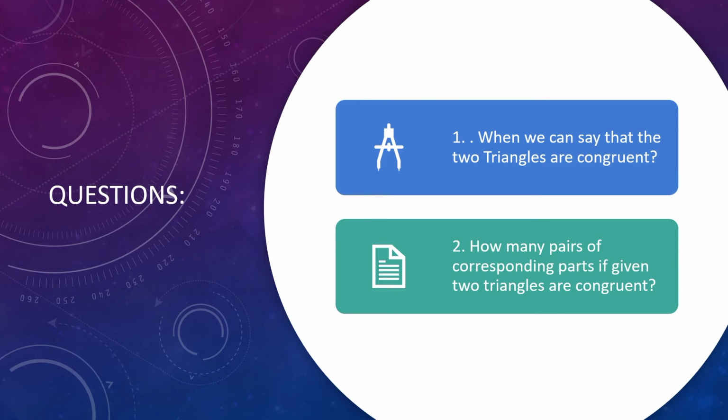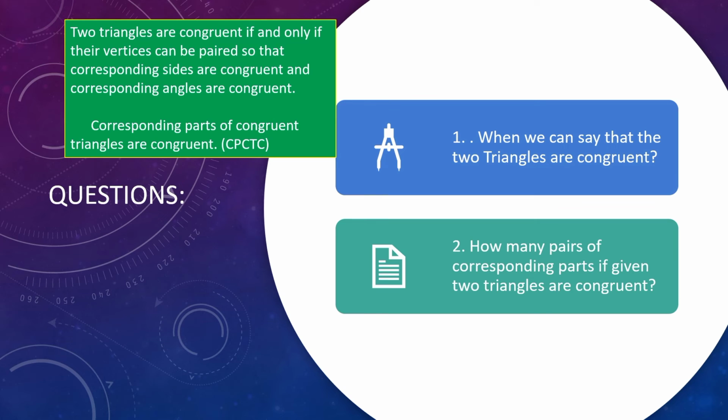When we can say that the two triangles are congruent, how many pairs of corresponding parts if given two triangles are congruent? Who wants to answer? Yes, two triangles are congruent if and only if their vertices can be paired so that corresponding sides are congruent and corresponding angles are congruent.